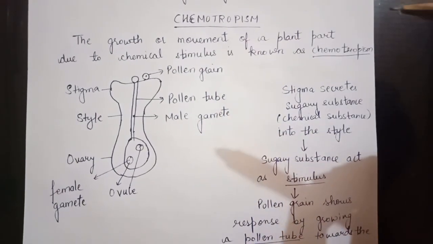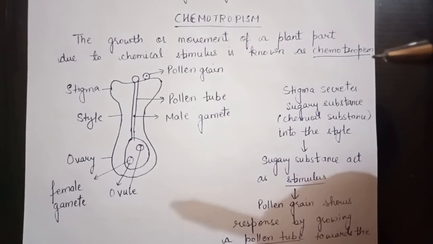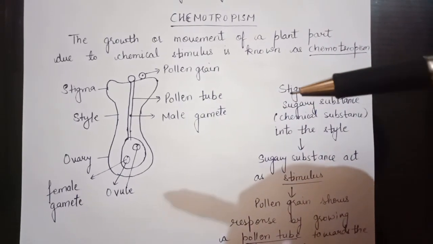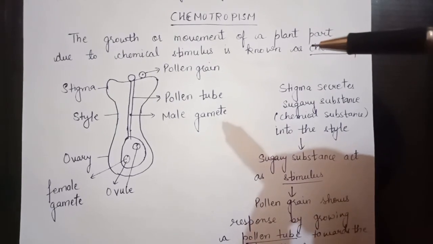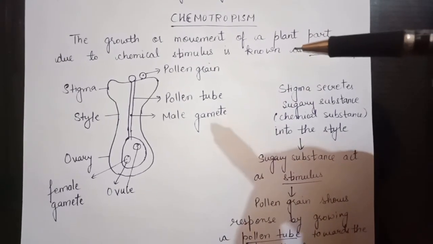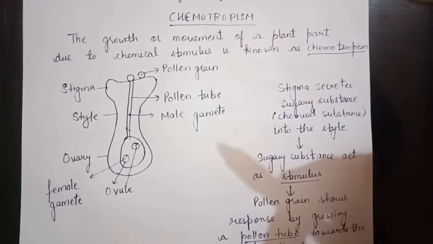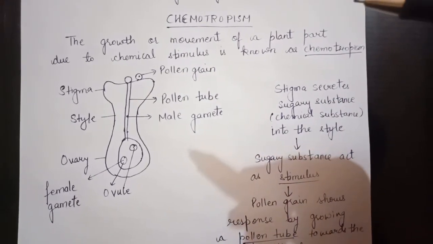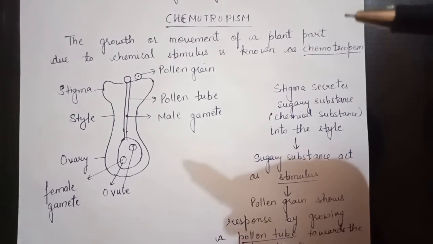What do you mean by directional movement? The growth or movement of a plant part occurs towards the stimulus. Okay, in the direction of the stimulus, meaning from where the stimulus is applied, in that direction only the growth or movement of a plant part occurs.